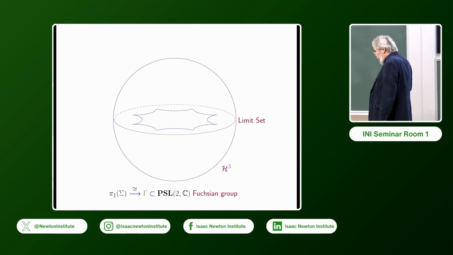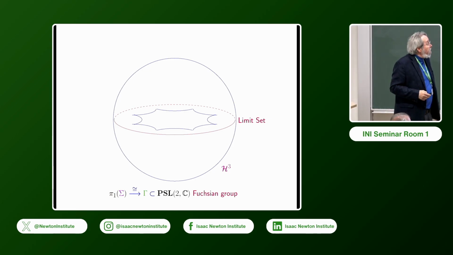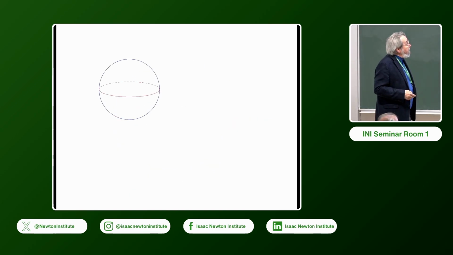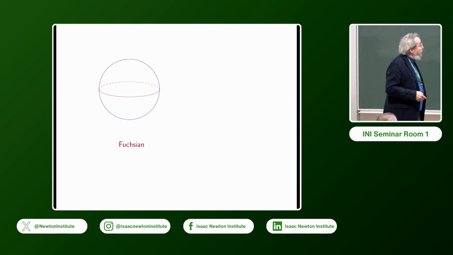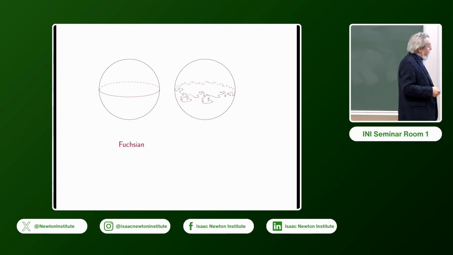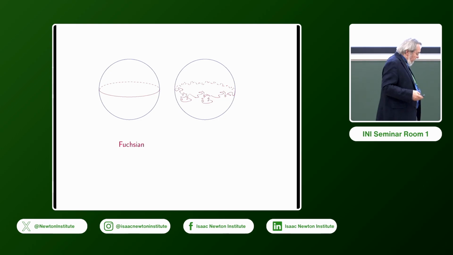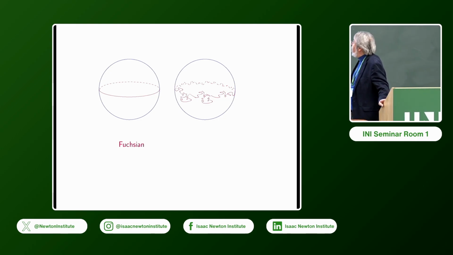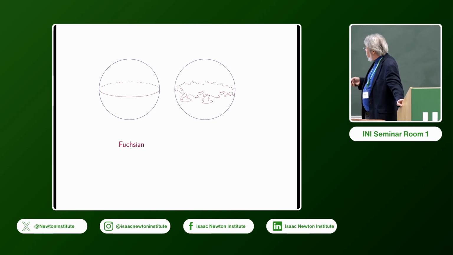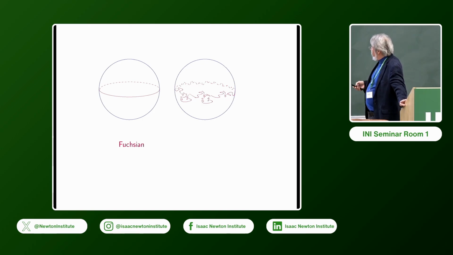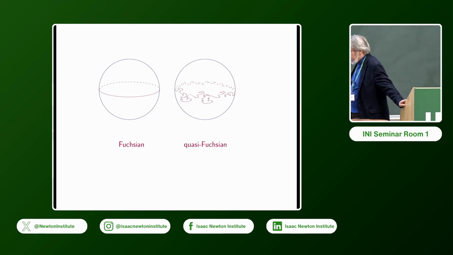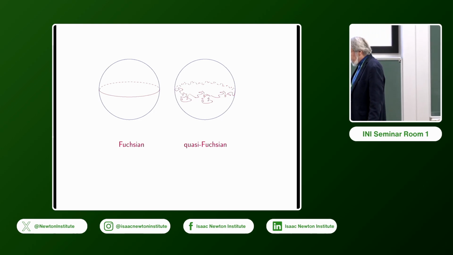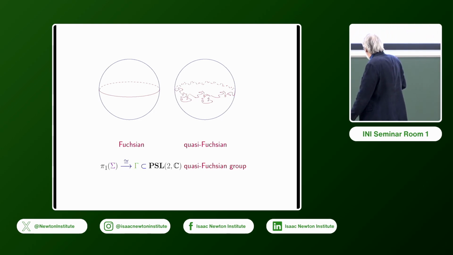And what will happen is that the limit set, instead of being a nice circle, as in the Fuchsian case, becomes a so-called Jordan curve of Hausdorff dimension greater than 1. So this is still a topological embedding of the circle, but it's very, very non-smooth, and in fact its image has Hausdorff dimension bigger than 1. So that's the quasi-Fuchsian picture.